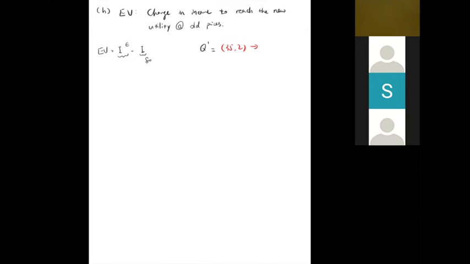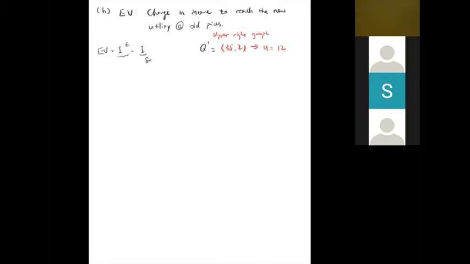And the utility at this new optimum, from the upper right graph, is 12. Corresponding to the optimal bundle of (35, 2), the utility is 12.